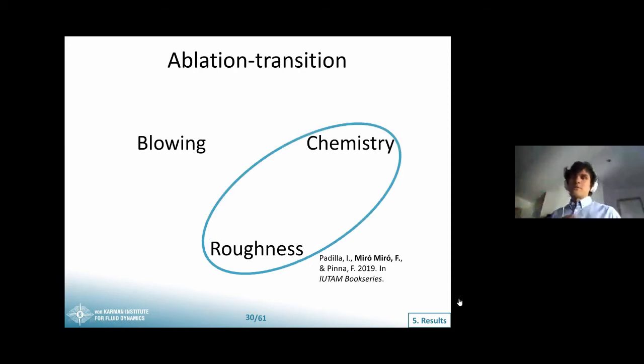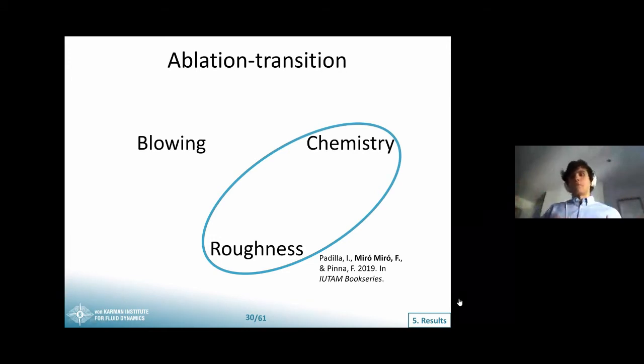Together with Ivan Padilla, we also looked at coupled roughness chemistry effects, but looking at an isolated roughness element, like a protuberance on the surface, which is not really representative of what you would encounter in ablation scenarios.